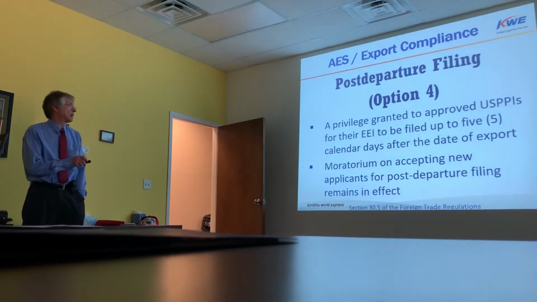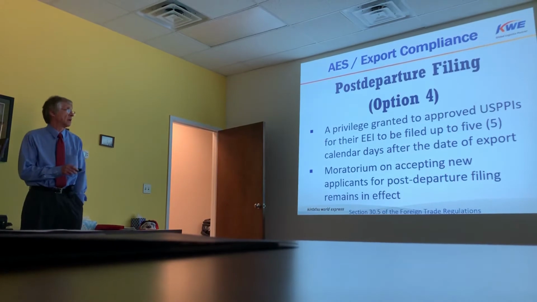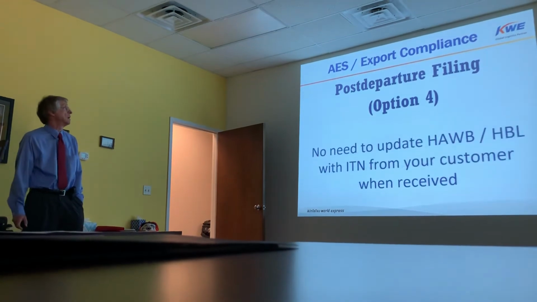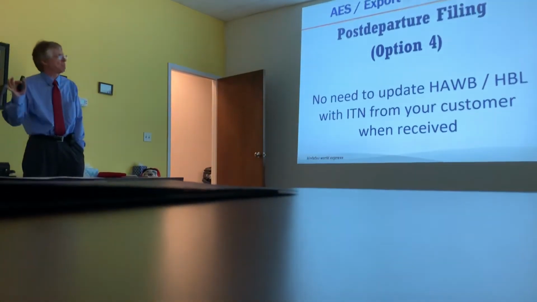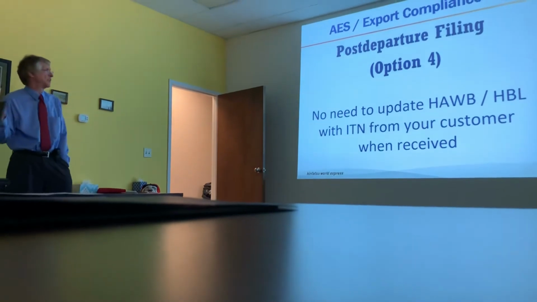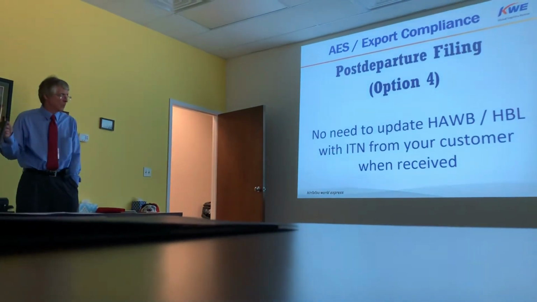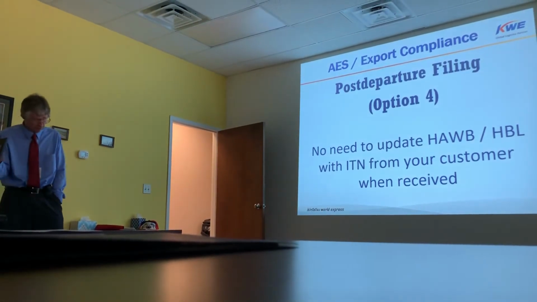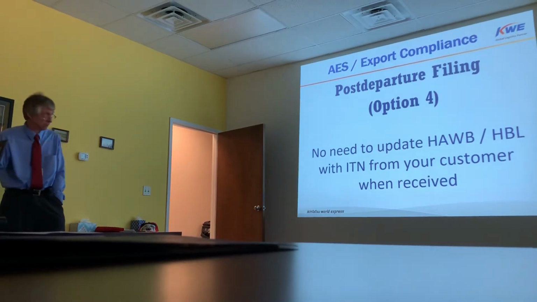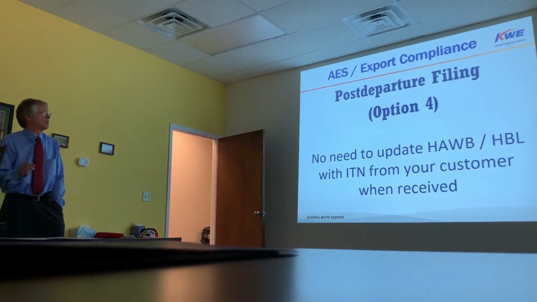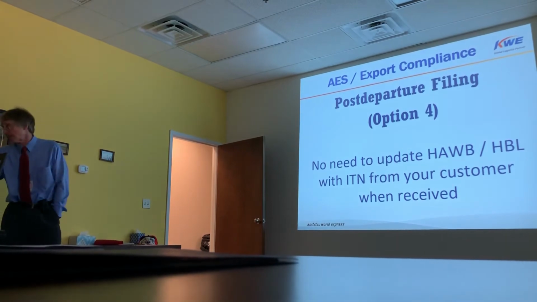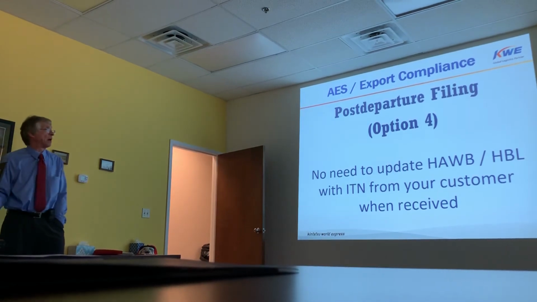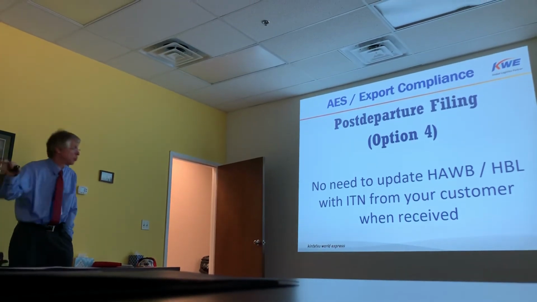Currently, the government is not processing new applications for post-departure filing. There's a moratorium on that. At some point, one of our offices was thinking that when we declare a shipment as AES post, which is what you're supposed to do on F1 of the airway bill, they had to go back to the customer and get the ITN that they obtained from the AES and put that on our airway bill.